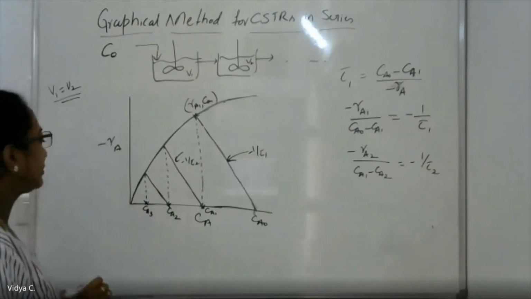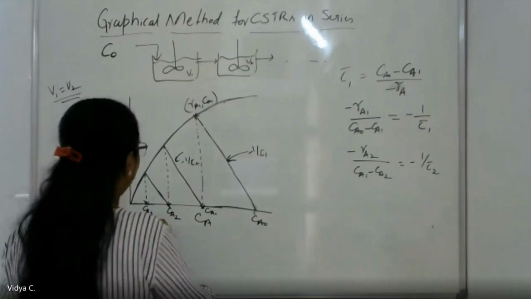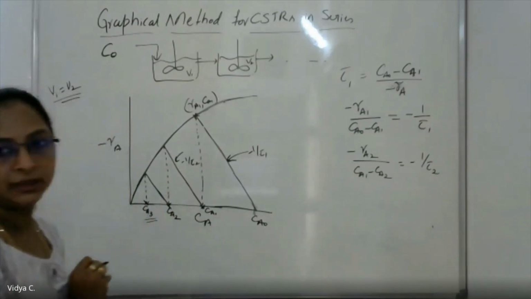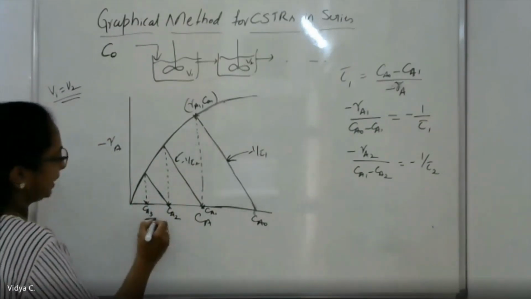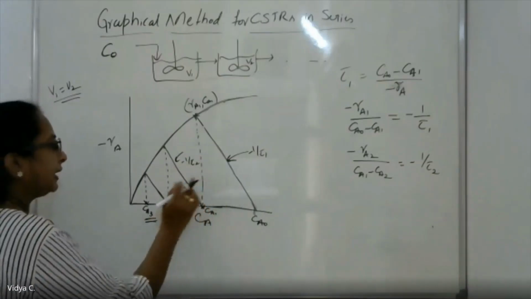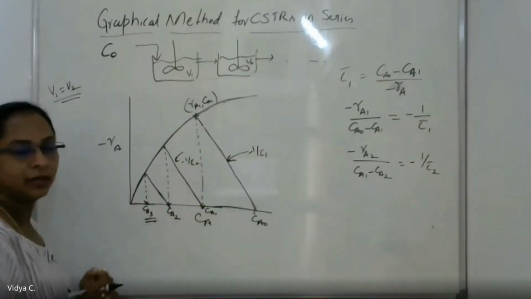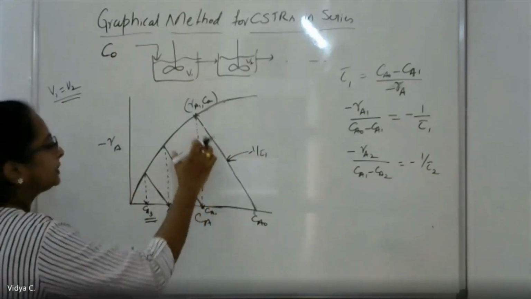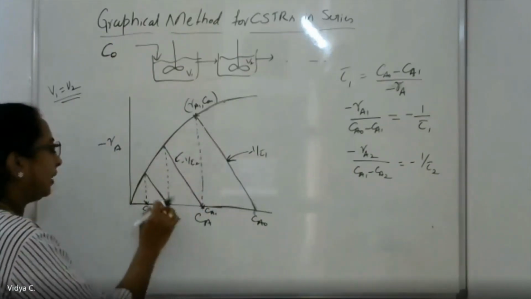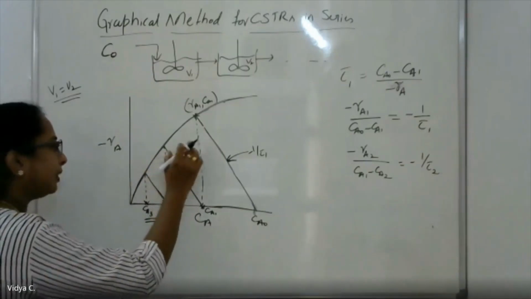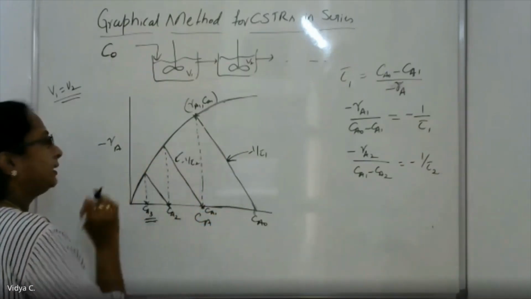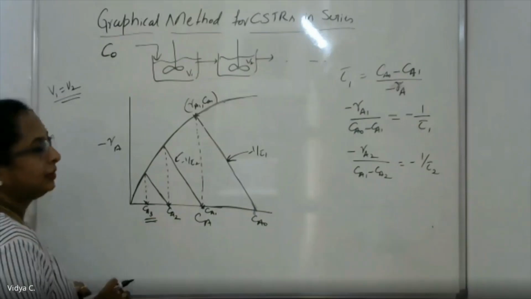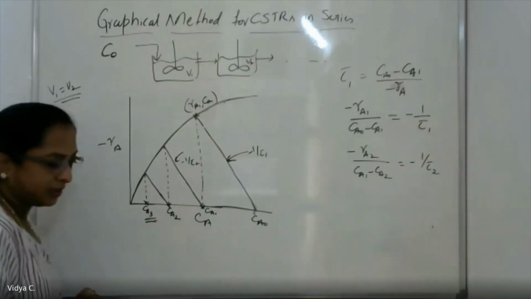Suppose my final concentration is CA3. By connecting 3 CSTRs, I can obtain CA3. That is the meaning. And you can see all the reactors I'm using here are of equal volume. Okay. So this is one method.